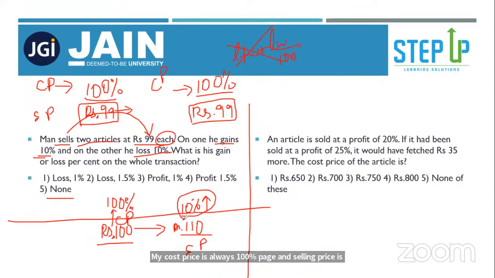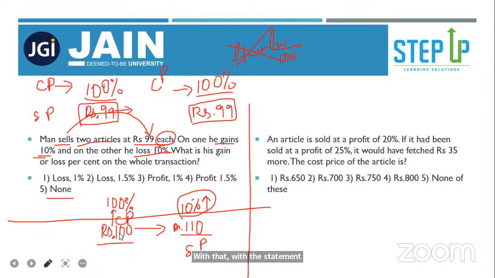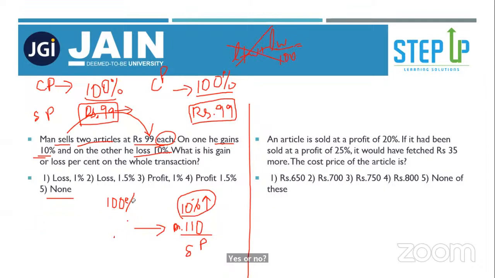Are you clear with the statement? Yes or no? Okay. Now we know that 100 rupees is 100 percentage, because that is the cost I bought it for.